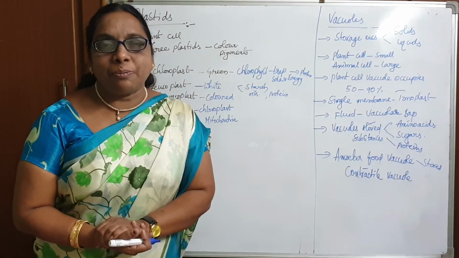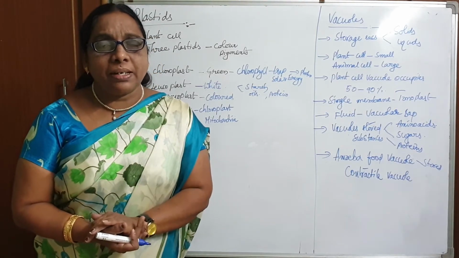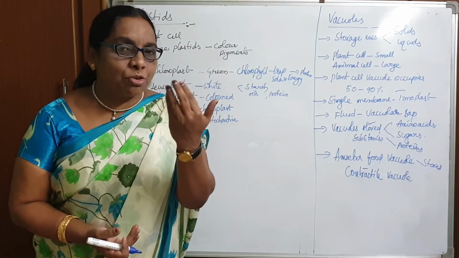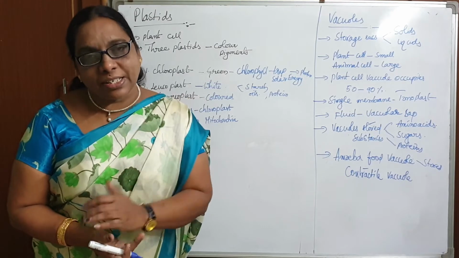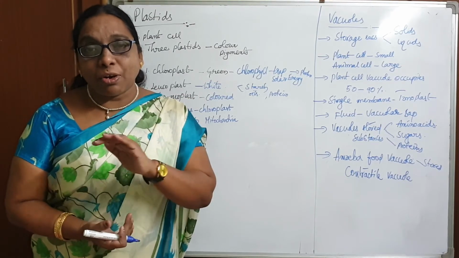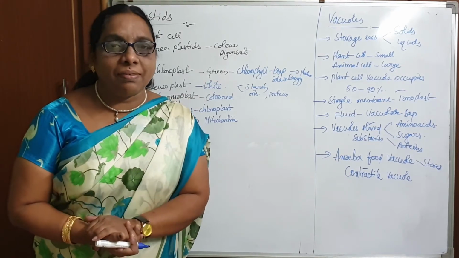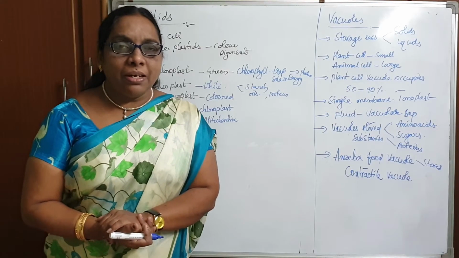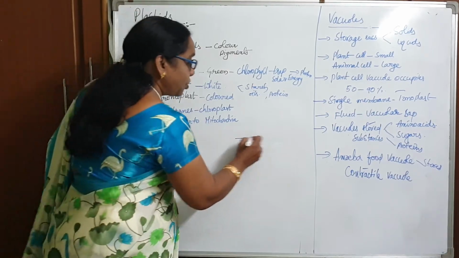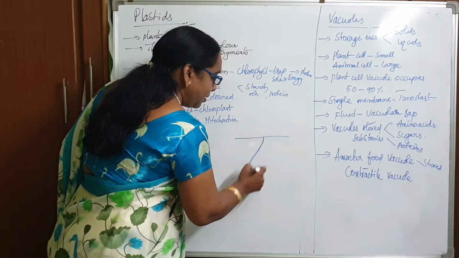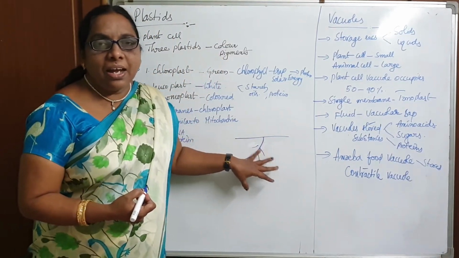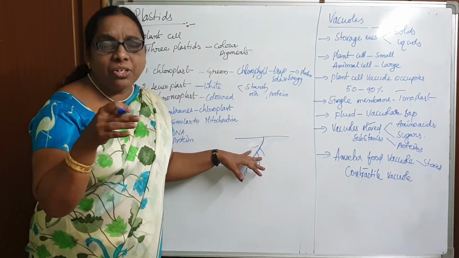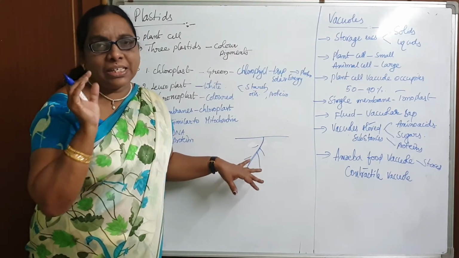Leucoplasts are present in places where the sun does not reach, the uncovered regions, the parts not exposed to the sun. For example, the roots are under the soil, not exposed to the sun. When you wash the root with water, it is white in color.